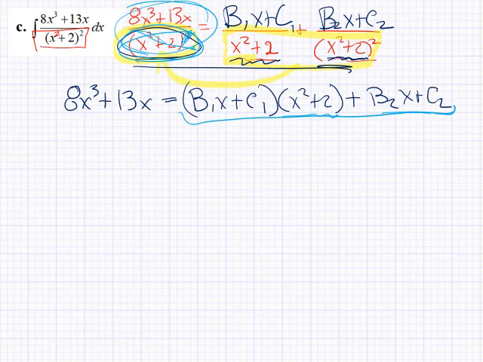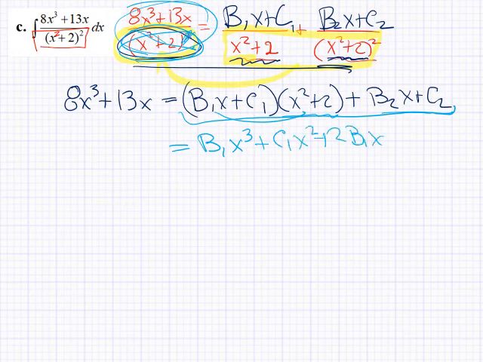do equal parts. And so I end up with b1 x cubed, again I'm just multiplying this out, plus c1x squared plus 2b1x plus 2c1. And then I have a b2x and a c2. And I'm going to change colors. I'm not a big fan of this color.